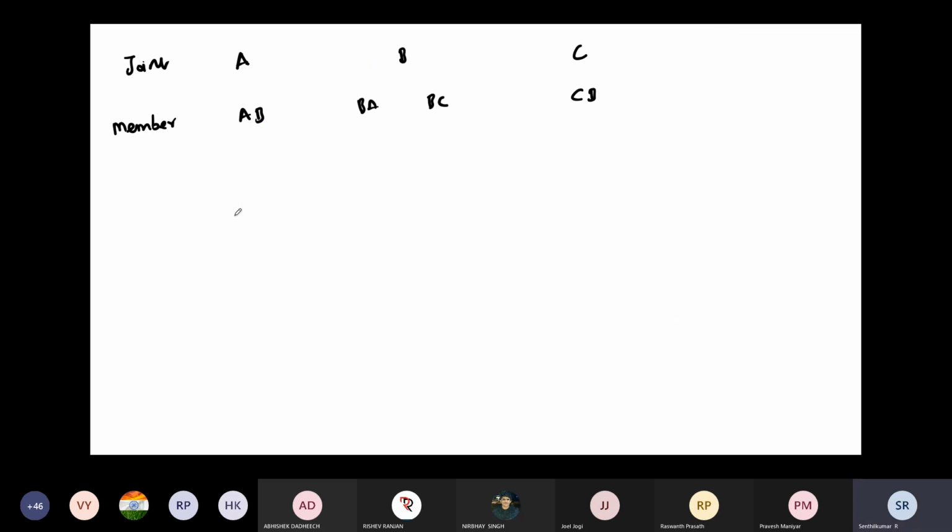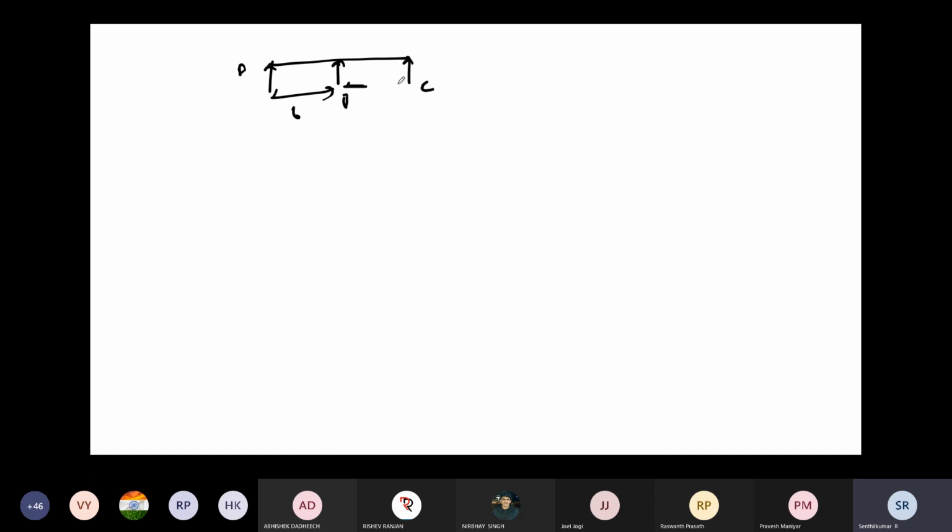Keep it right. I am taking this slide now. So this is your beam, this is our A, B, C, right? So this is 6, this is 5. EI is constant. Now I want to find out how much KBA is going to come.